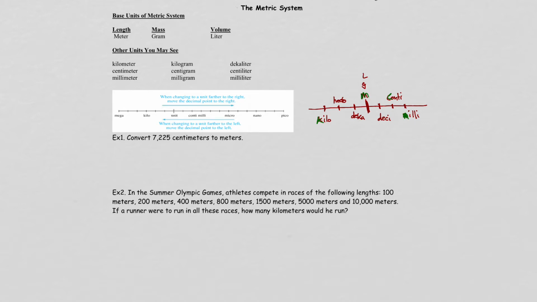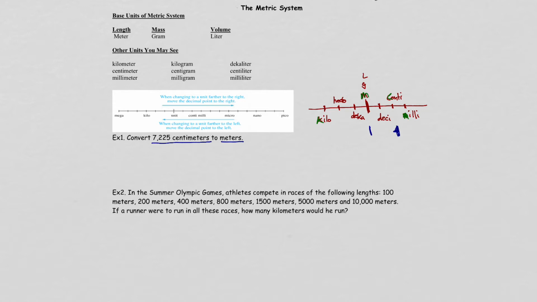So once we remember this, what we're going to do is count how many times you move to the right or left from one unit to the other. For example, this problem right here is centimeters to meters, right? If I locate centimeter here, centimeters to meters, the base unit.